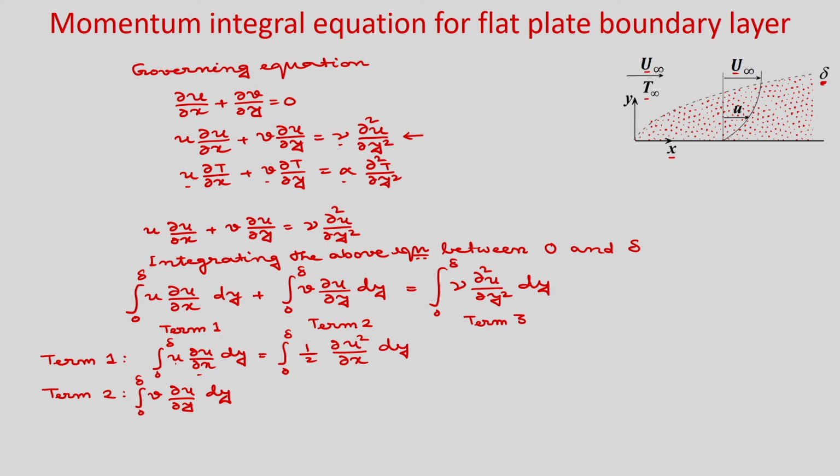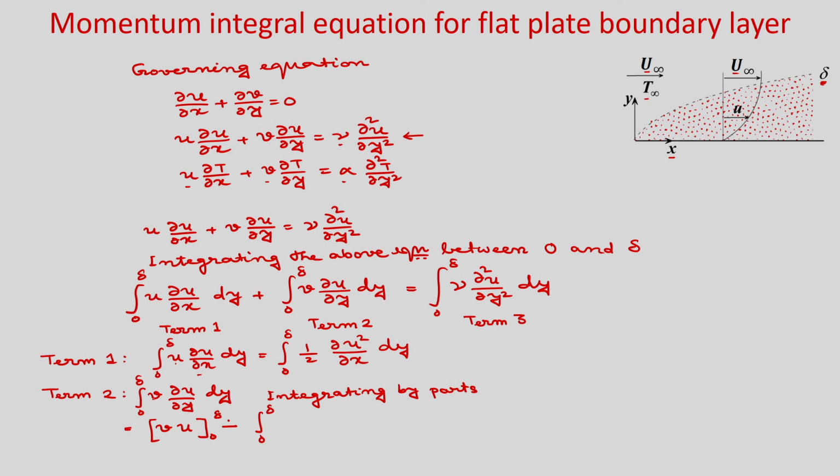So, integrating by parts, what you will get? v into the integration of del u by del y dy, so you will get u only, from 0 to delta, minus 0 to delta.